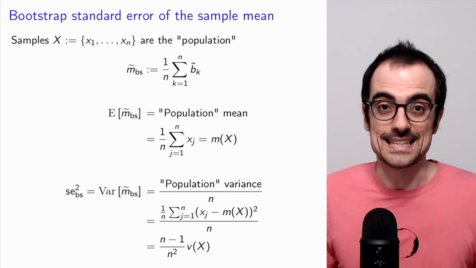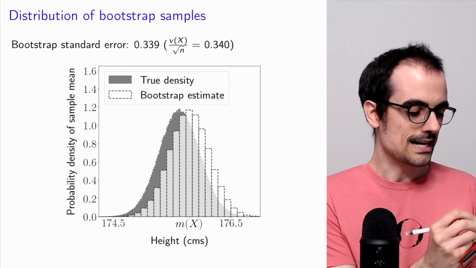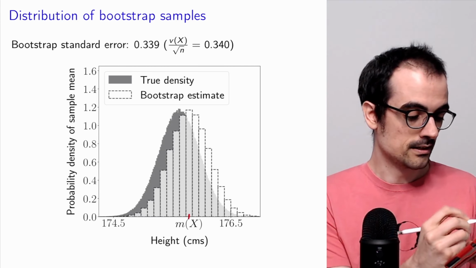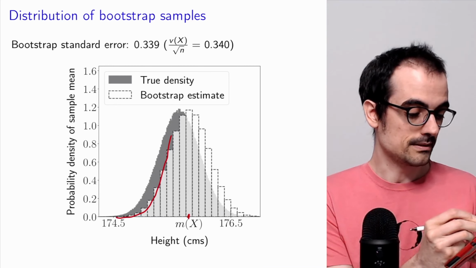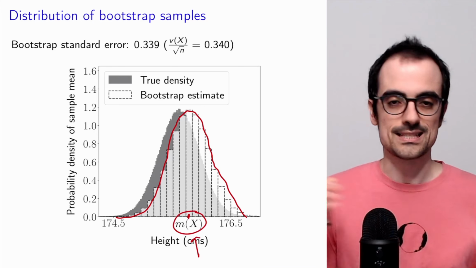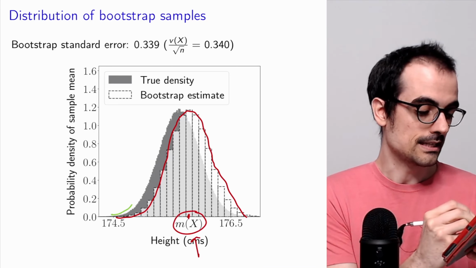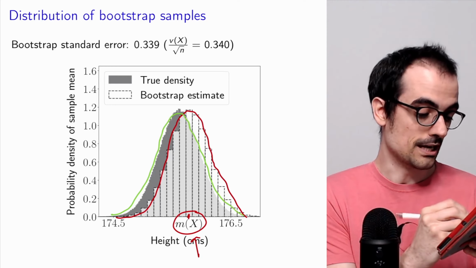In other words, these guys are shifted, of course, because the bootstrap distribution is centered at the mean of the samples that we actually obtained, whereas this other one is centered at the population mean.